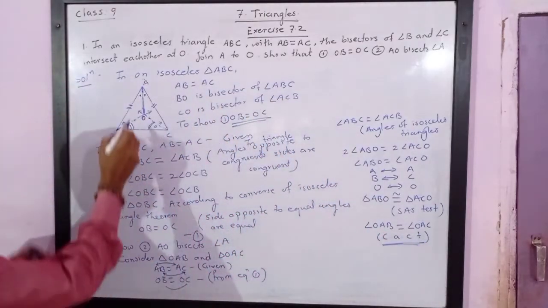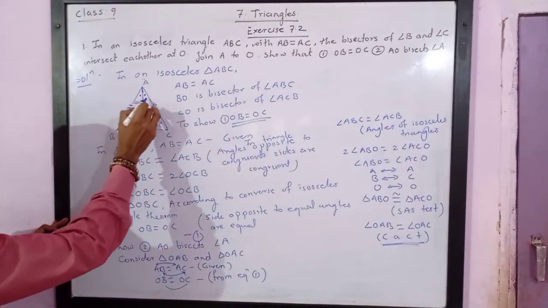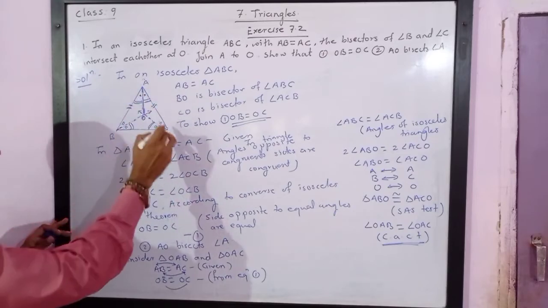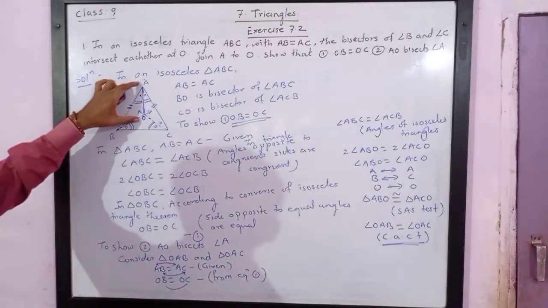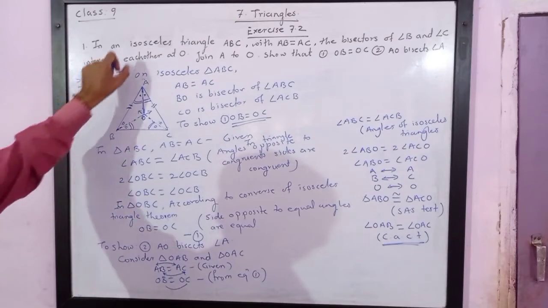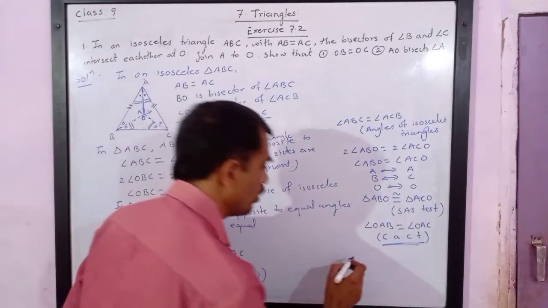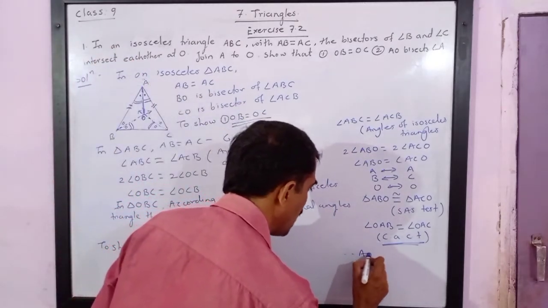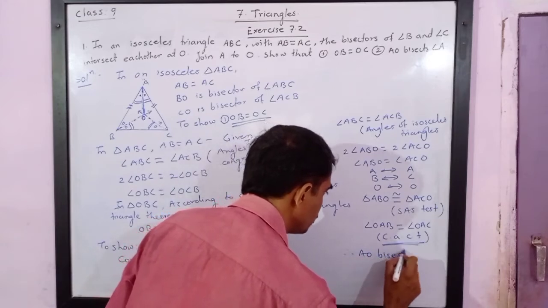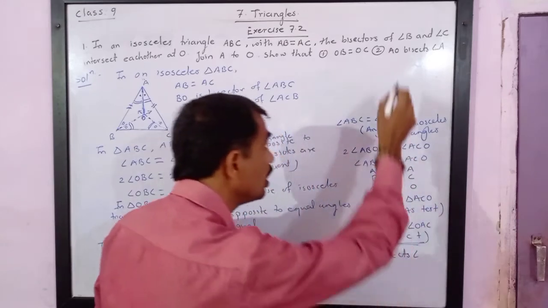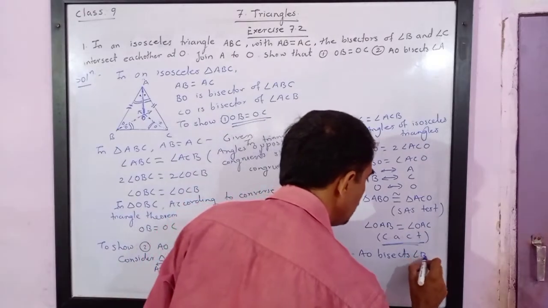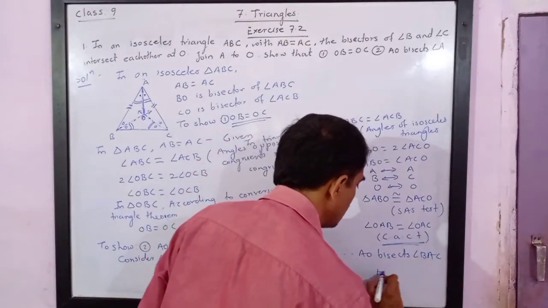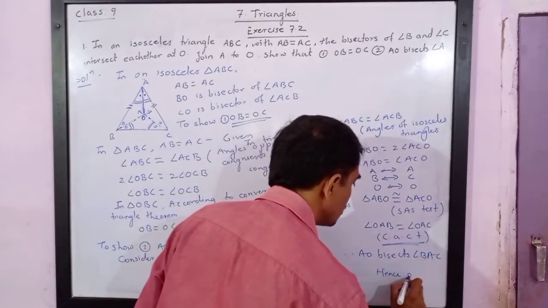We have got OAB, that is this angle, is equal to this angle OAC. It means AO is bisector of angle BAC. So therefore we can say that AO bisects angle A, means angle BAC. Hence true.